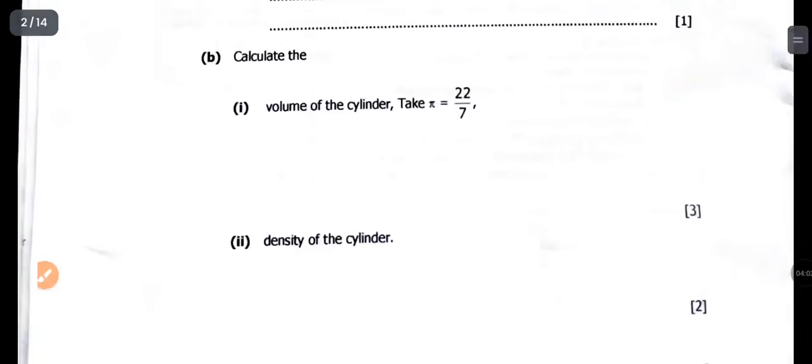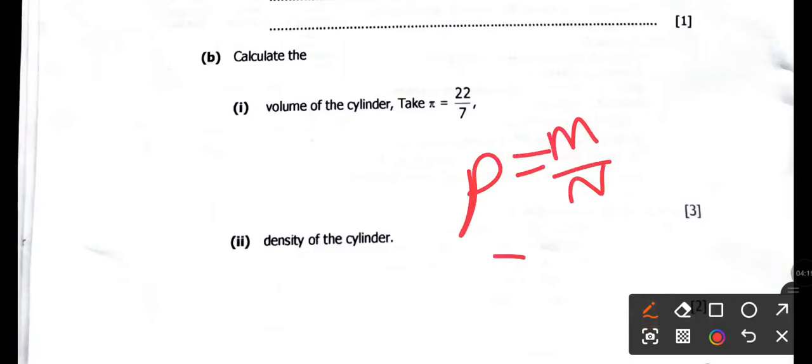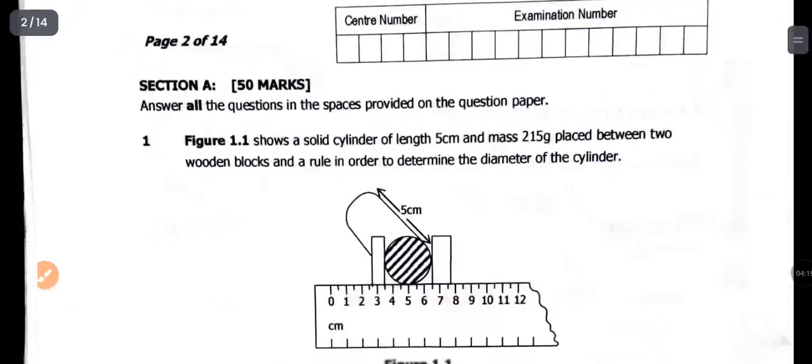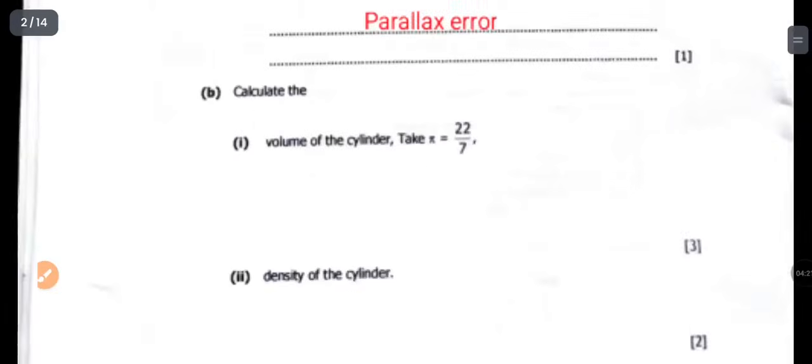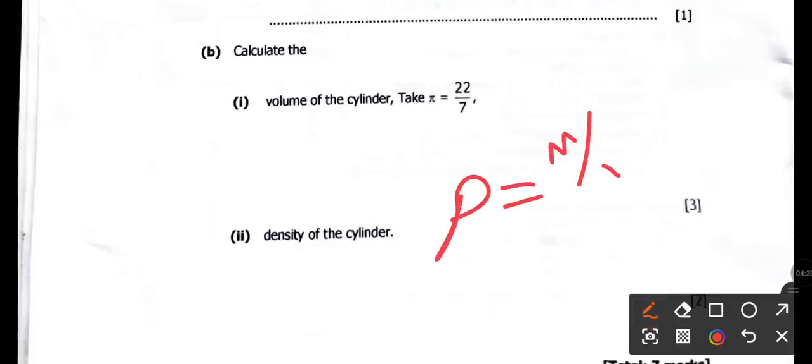Question B2, density of the cylinder. Remember, density is equal to mass over volume. Are we given the mass? Yes, they're saying the mass is 215 grams. So our density rho will be equal to mass over volume, right?